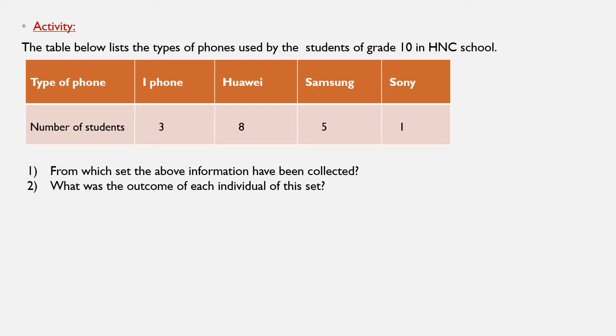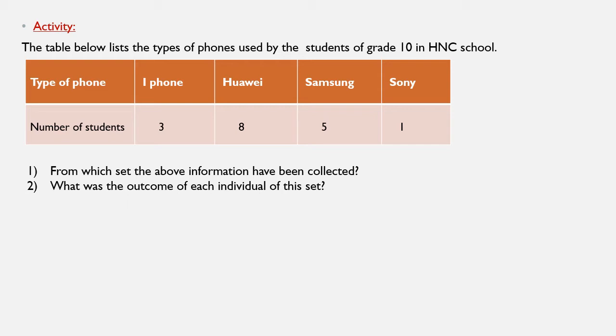So the population is the set from which I have collected my information. Each element of this population is called an individual or statistical unit. So the students of grade 10 are the population. One student is the individual or the statistical unit.